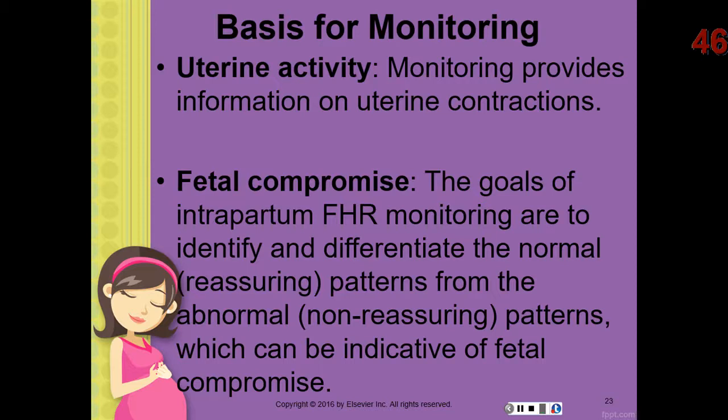Fetal compromise is how the baby's oxygenating and doing. So when we look at that heart rate monitor, just like with an NST, a positive NST, we have a nice reassuring pattern. And if we see a lot of decelerations in the heart rate pattern, that's a non-reassuring pattern.